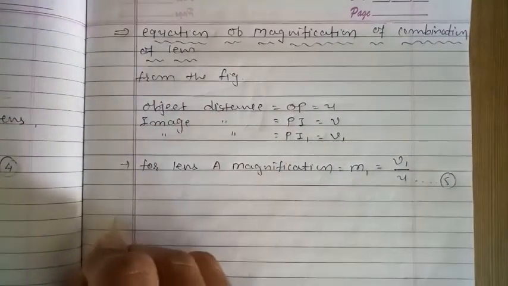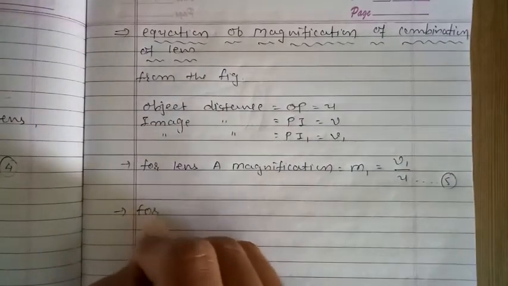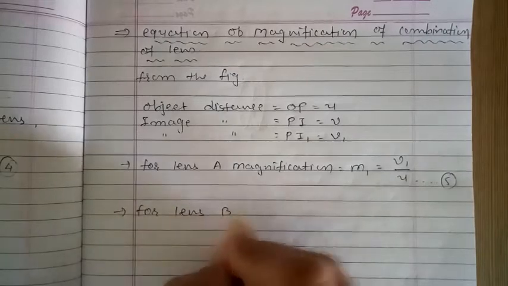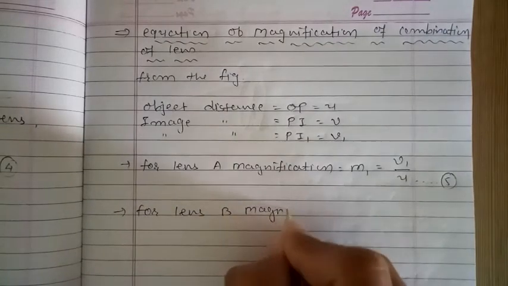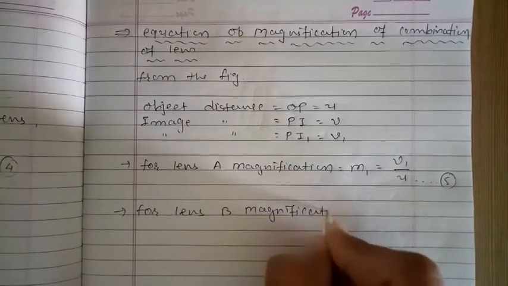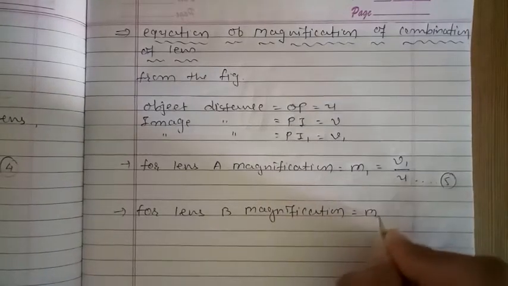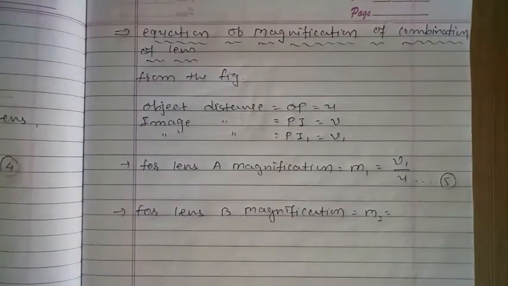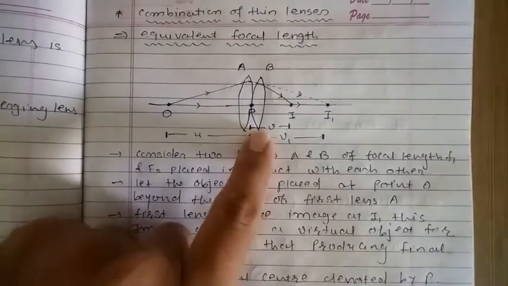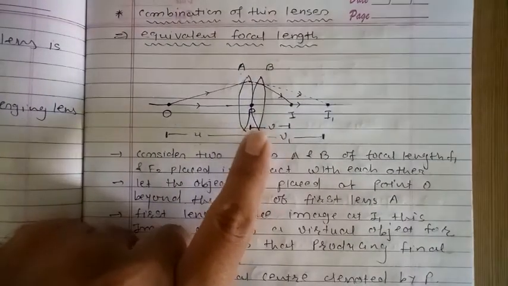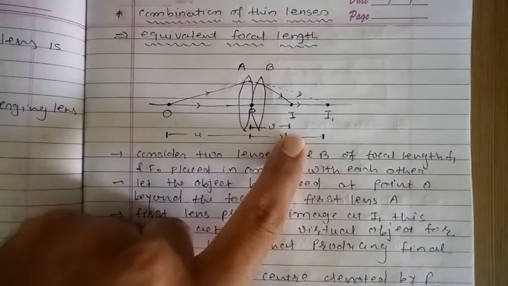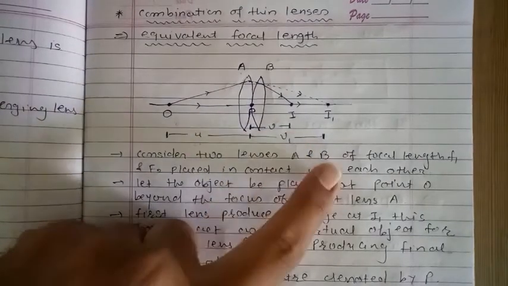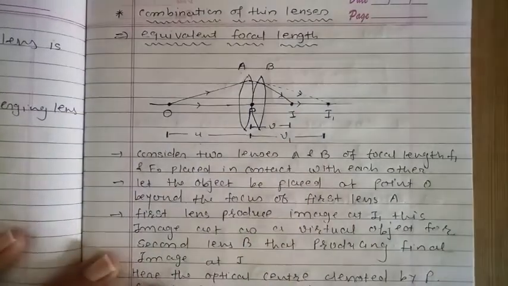Now same for lens B. For lens B magnification M2, we know the formula, M is equal to V by U, so for lens 2 image distance is V, but for lens 2 object distance is V1, right?